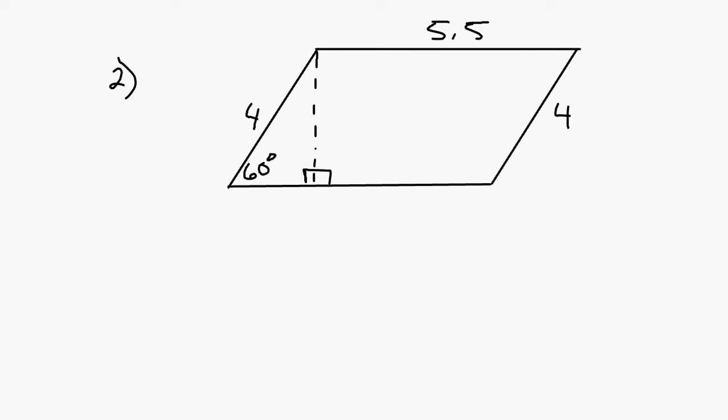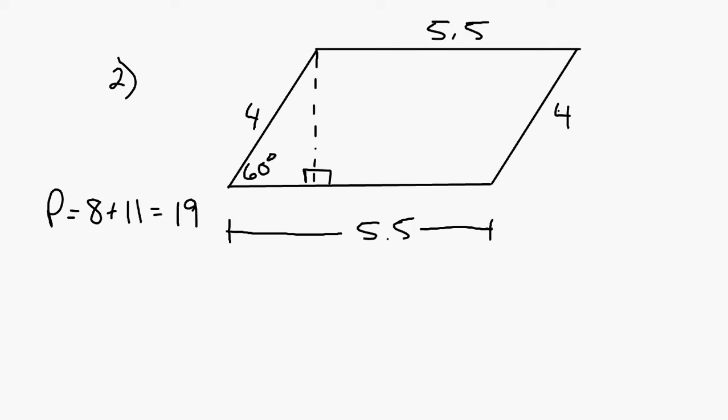And if the top's 5.5, then this whole bottom is 5.5. So your perimeter is going to be equal to 4 plus 4 is 8, plus 5.5 plus 5.5 is 11. So your perimeter is 19. Your area is going to be equal to the base times the height. Your base is 5.5.